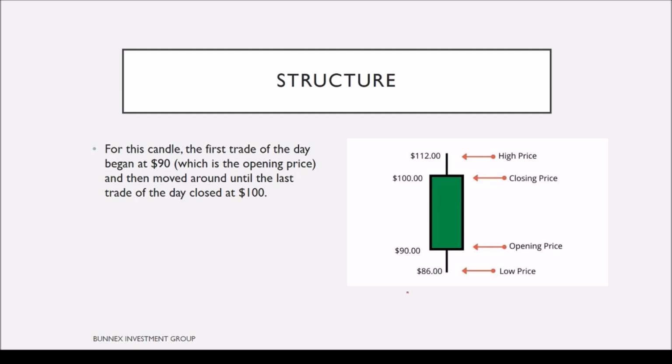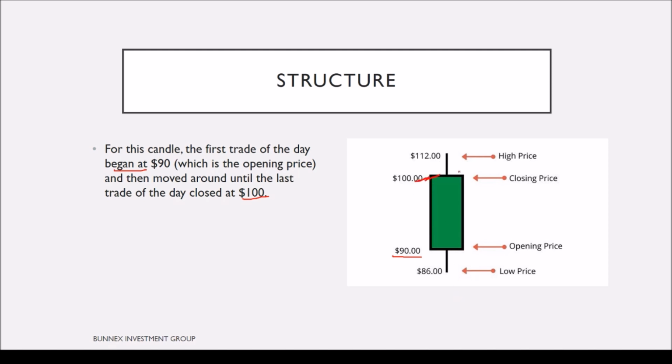For this candle, the first trade of the day was made at $90. This is implying stocks. So the first trade of the day, or the opening of the day, was at $90, which is the opening price. And then it moved around until the last trade of the day at $100. So this is the closing price.